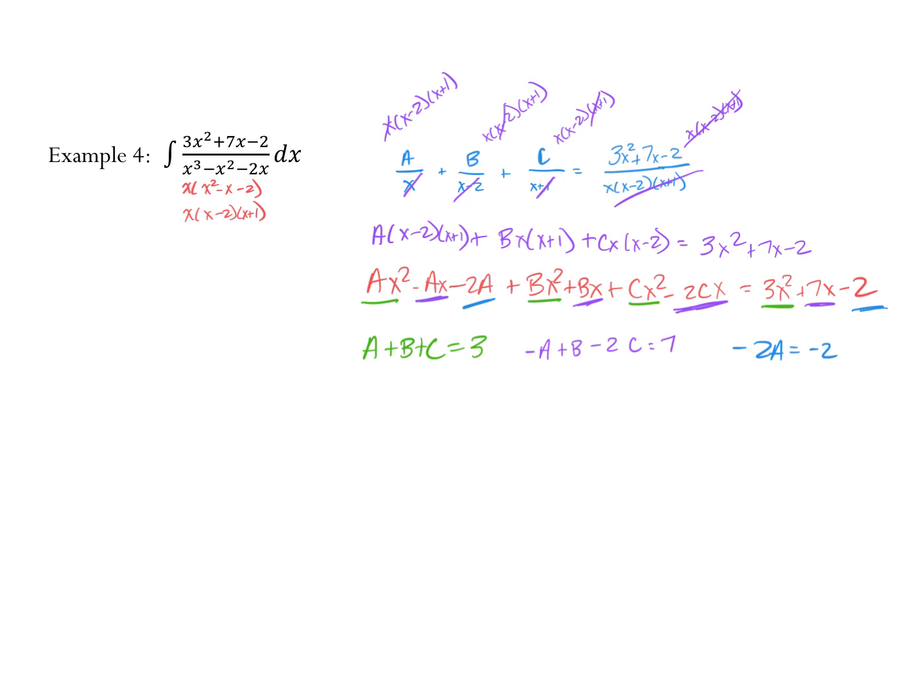And so now that I have those, I could look at those and say, is any one of these easier to solve? I certainly think this one is the easiest to solve. So when I solve that one, I've got a equals 1.